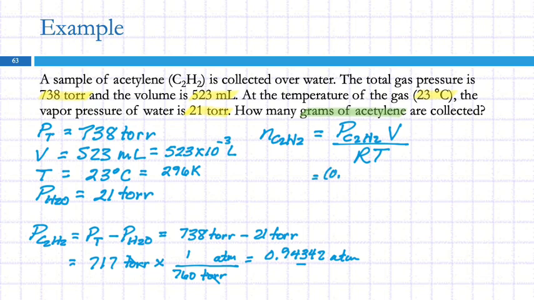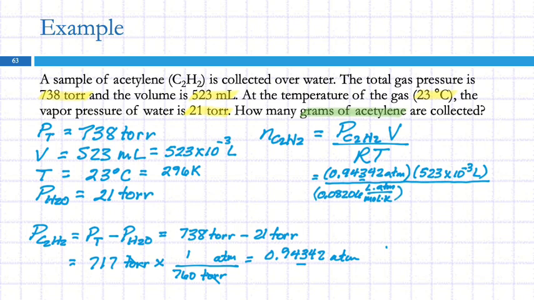So my pressure times my volume divided by R, 0.08206 liter atmospheres per mole Kelvin, times the temperature, 296 Kelvin.